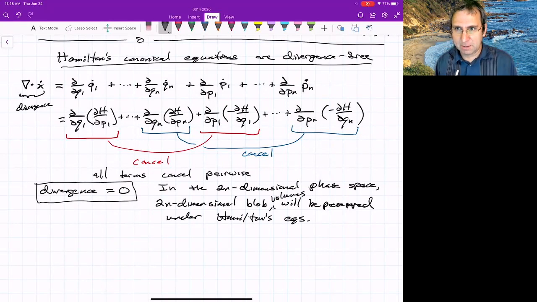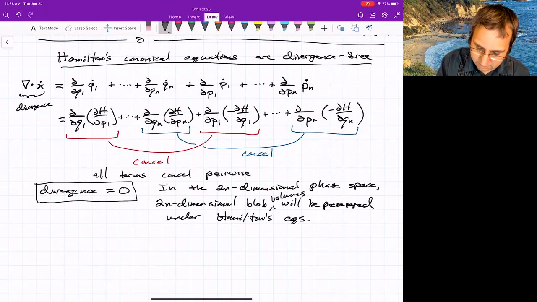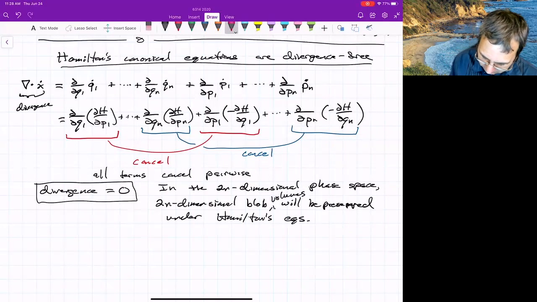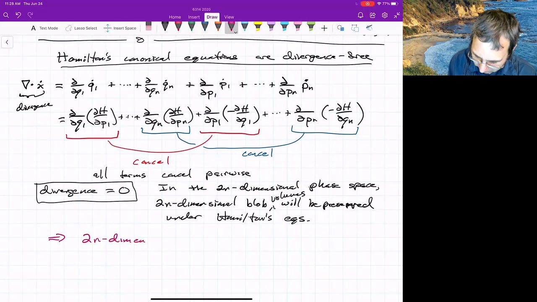It's not a property of any particular trajectory. It's in some sense a property of a collective of trajectories. So we have 2n-dimensional volume preservation.